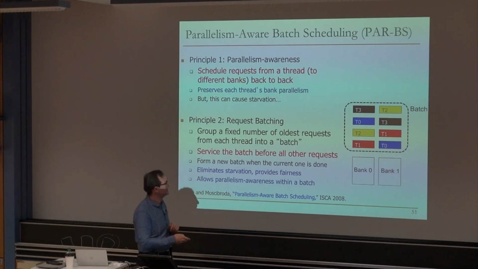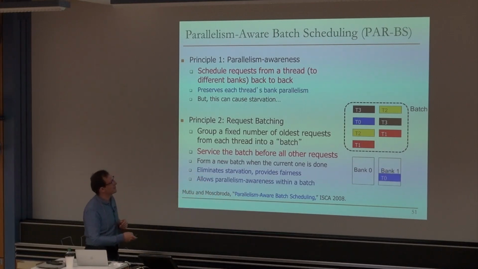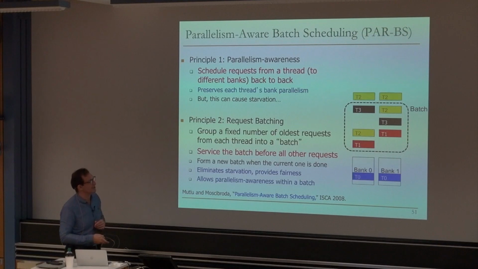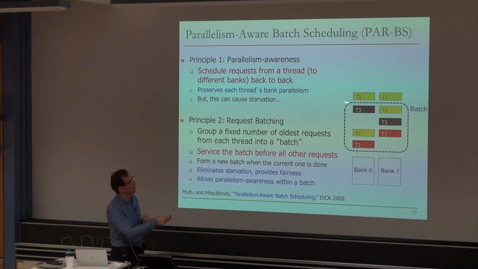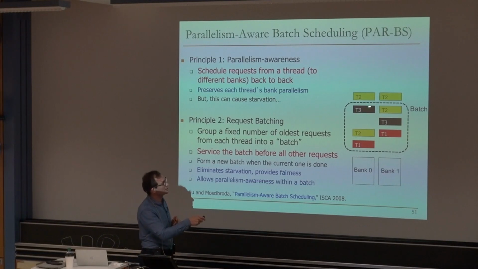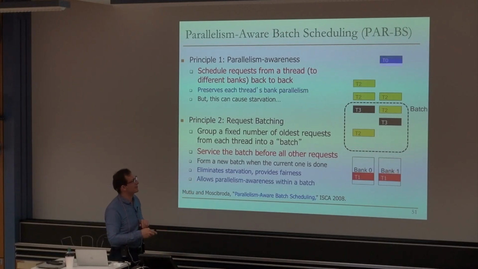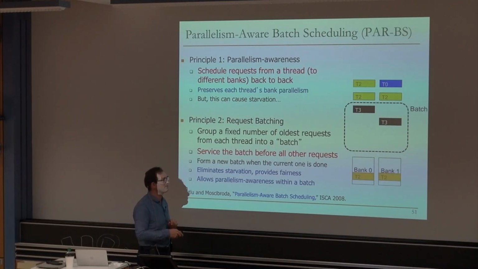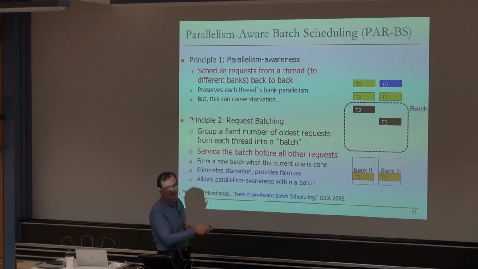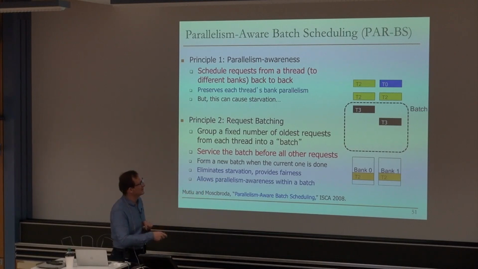Okay, so the memory controller basically first takes thread 0's requests and schedules them in parallel in the banks, and then there are some requests that are arriving from thread 2 into the memory controller, but they're not part of the batch because the batch is already formed. And then it takes thread 1's requests and schedules them, and then it takes thread 2's requests inside the batch and schedules them, but the requests that are outside the batch are not scheduled to ensure that thread 2 doesn't starve all of the other threads.